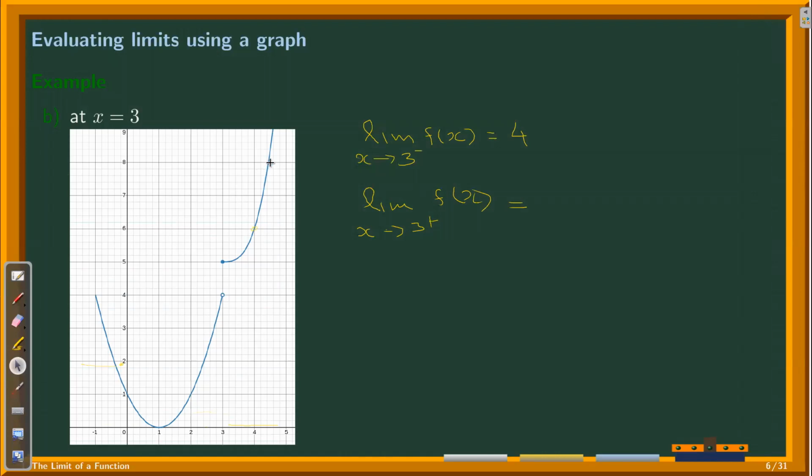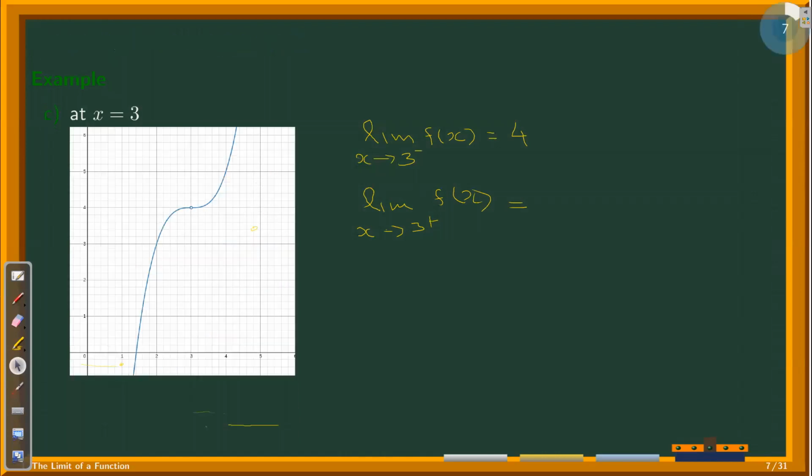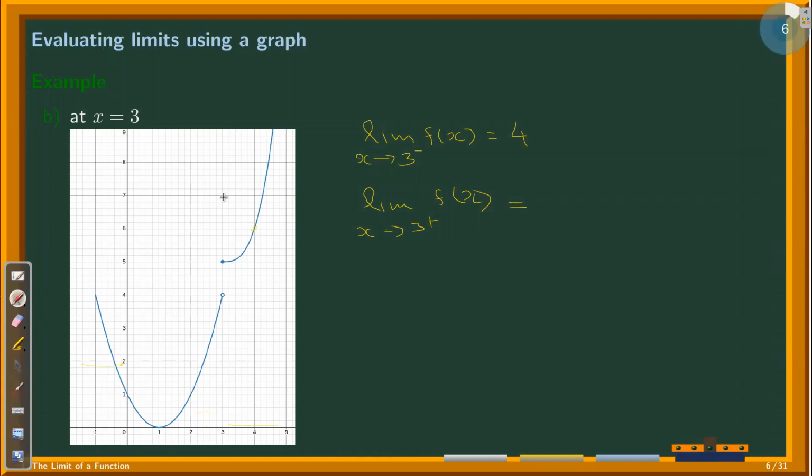If I'm here, this y value is here, no? But if I'm here, the y value is here, and then when I go on this portion, I'm getting close to actually 5, no? Because this graph has a jump, no? Okay, thank you for the answers.